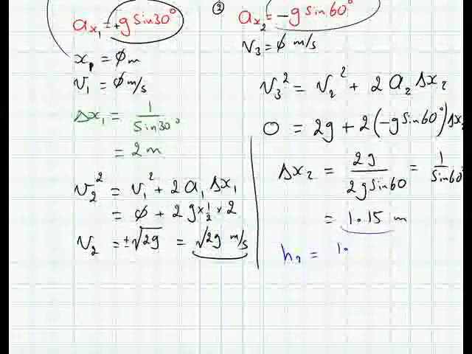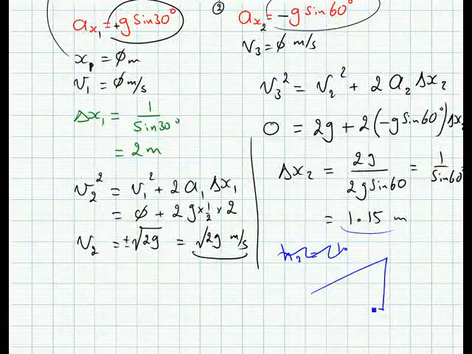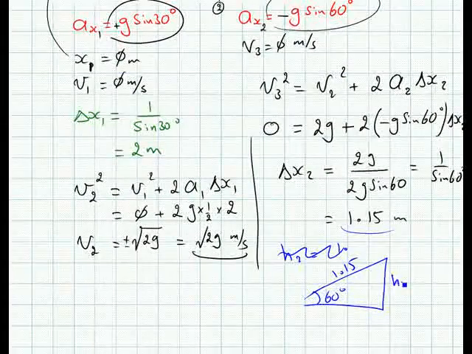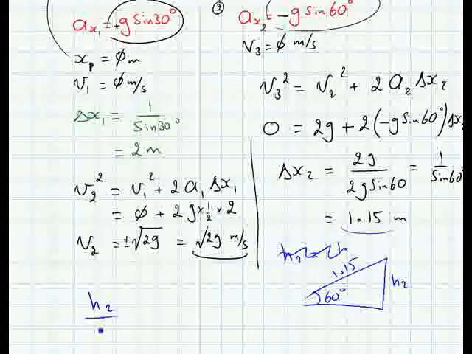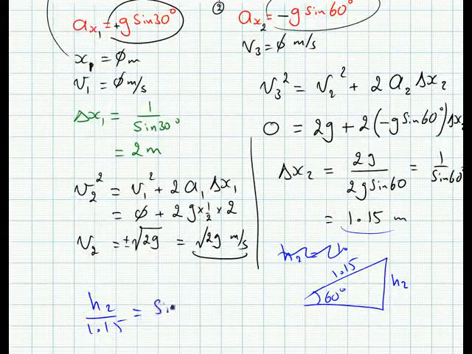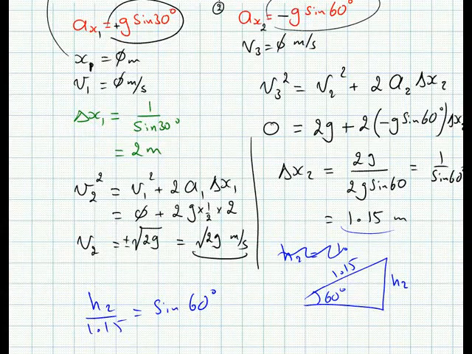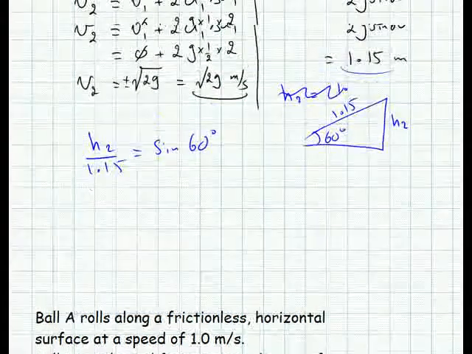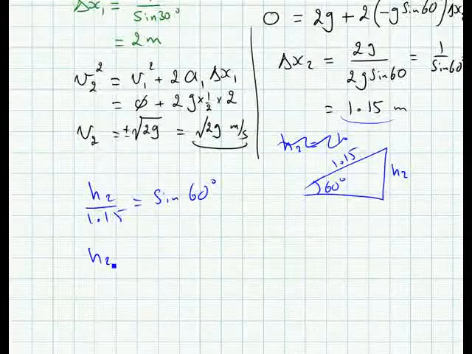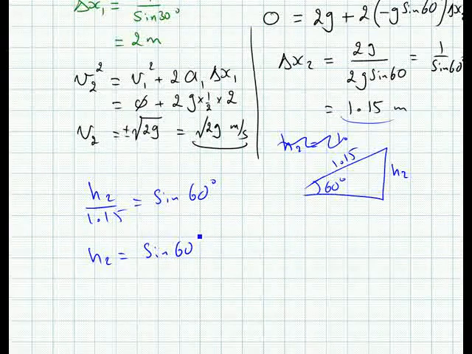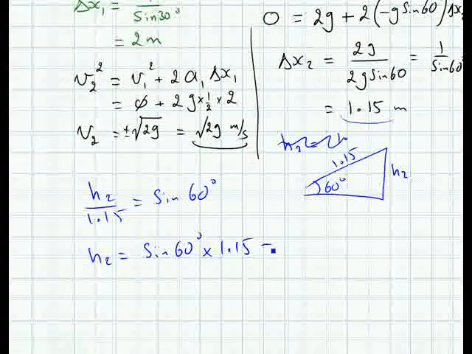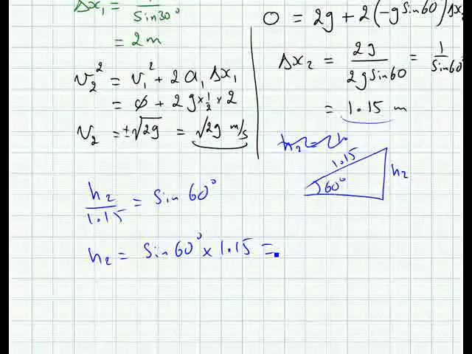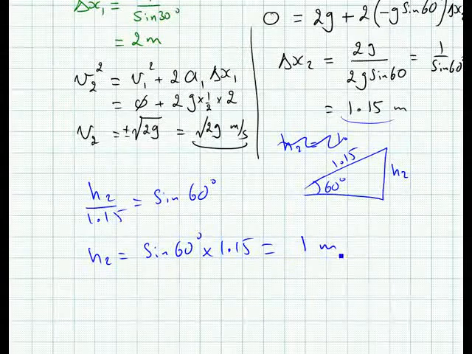So let me scroll down, I'm running out of space. We have a 60-degree triangle, hypotenuse 1.15, and we care about h2. h2 divided by 1.15 is equal to sine of 60 degrees, which means that h2 is equal to sine of 60 degrees times 1.15, which is equal to 1 meter.